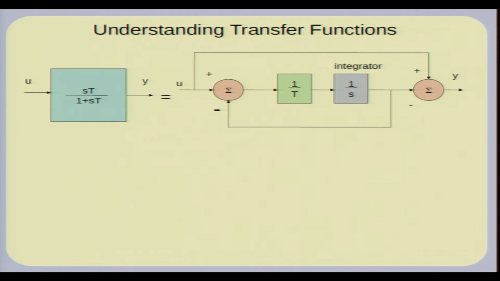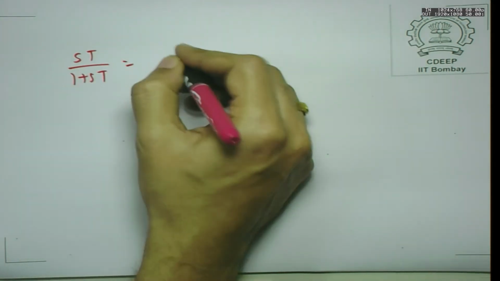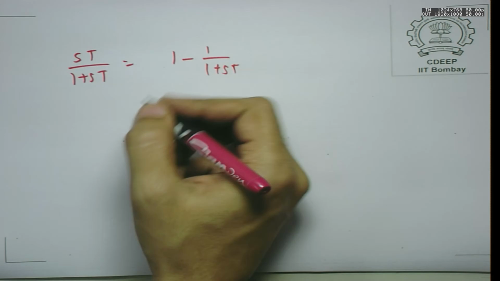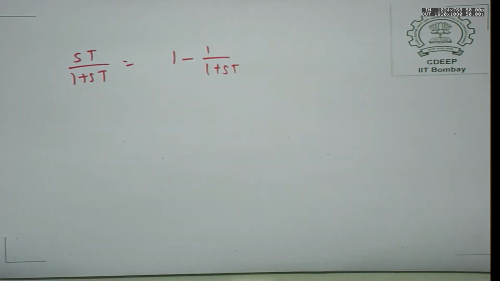Another transfer function which you can look at as the converse of the earlier transfer function. In fact, it is not very difficult to see that st upon 1 plus st is in fact 1 minus 1 upon 1 plus st. So, you can imagine that this transfer function behaves in quite the opposite way compared to the earlier transfer function.